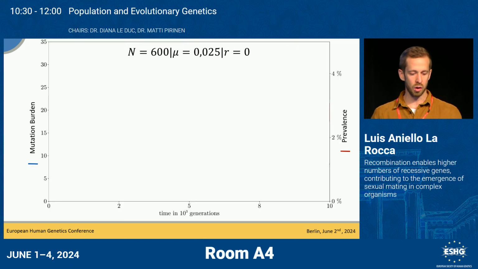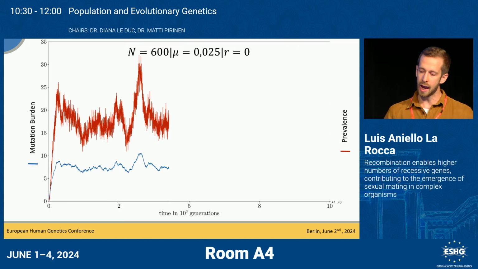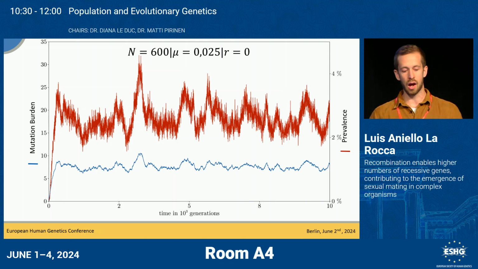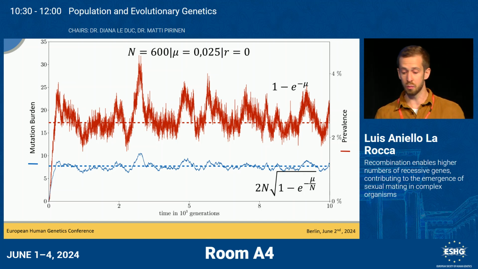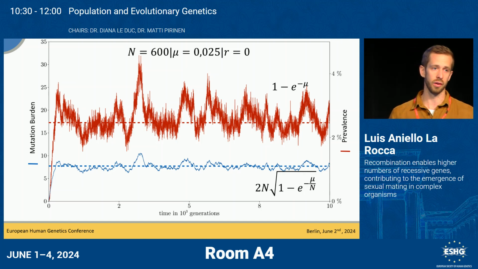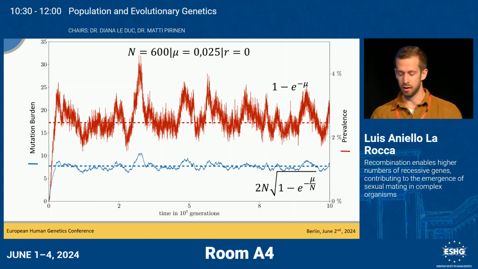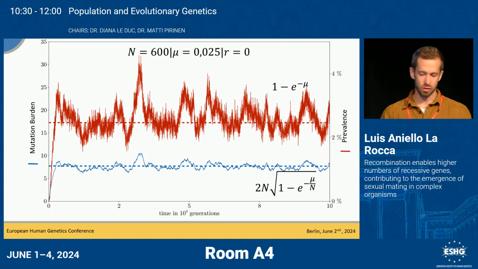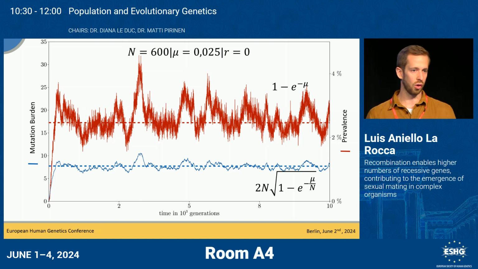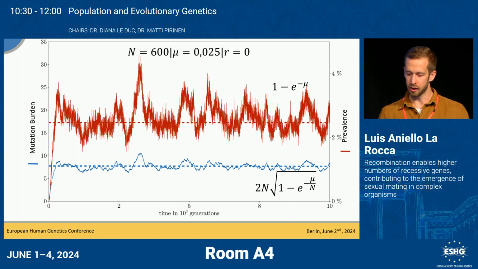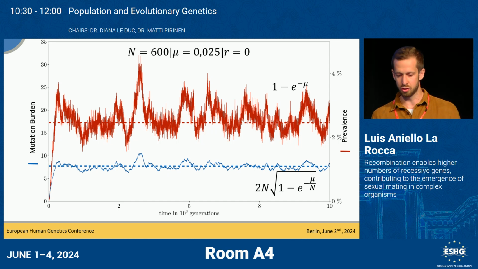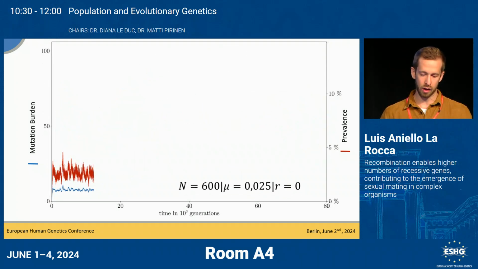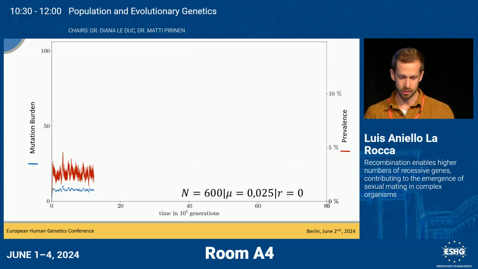We see that both statistics, the mutation burden and prevalence, after a short burn-in phase, fluctuate around a well-established equilibrium, which we can even calculate analytically. This looks all very stable and very predictable, and it could all go on forever. But just to check and to be sure, maybe we don't run it for 10,000 generations, but just a couple more generations. And now you can already imagine what happens next.